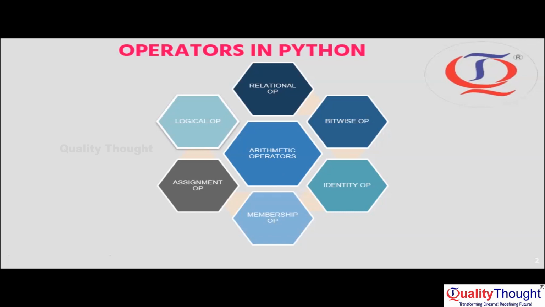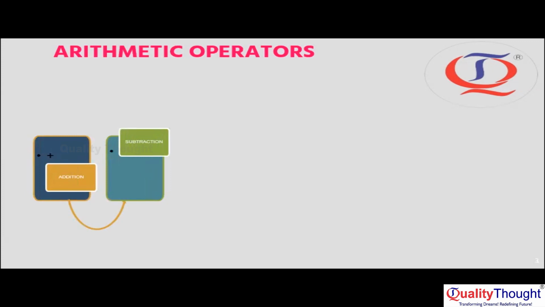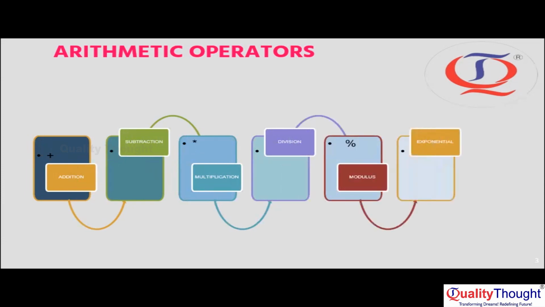So let us see what operators we have. When we compare with arithmetic operators, this is the addition operator plus, this is the subtraction operator, this is the multiplication operator, and this is the division operator, the modulus operator, the exponential operator, and finally we have the floor division operator. Due to the color, I think it's not visible to you.